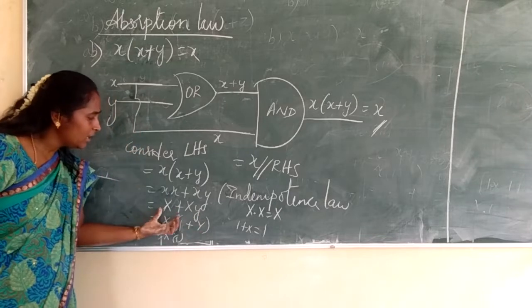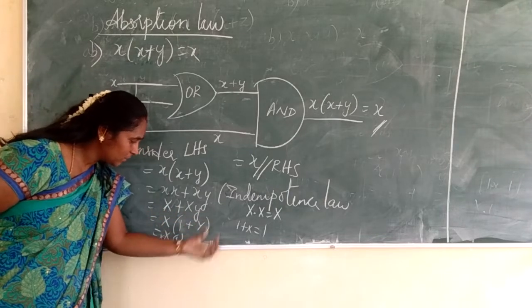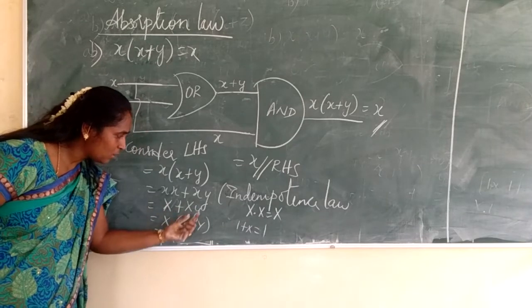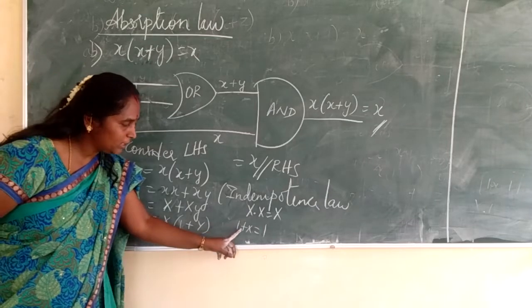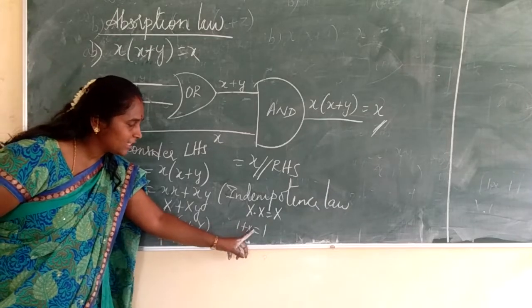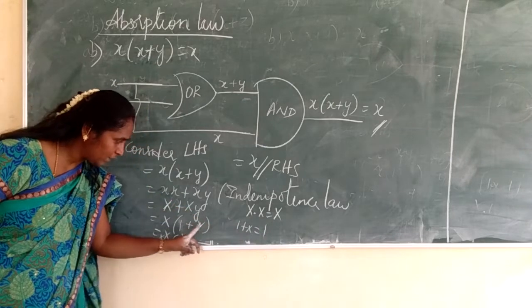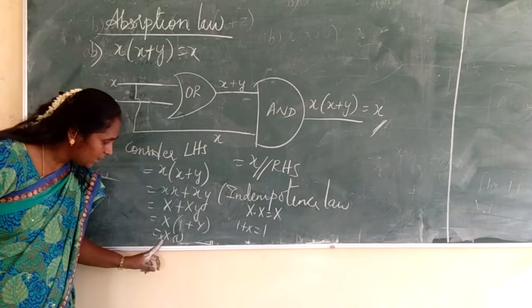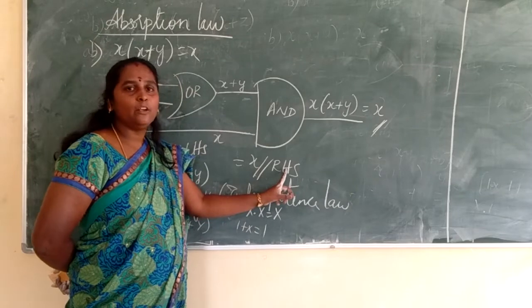In these two terms, take x as common: 1 plus y. Now 1 plus y is, by the properties of 1, 1 plus x is equal to 1, so here instead of x it is y. So 1 plus y is 1. x into 1 is x. Your RHS is proved.